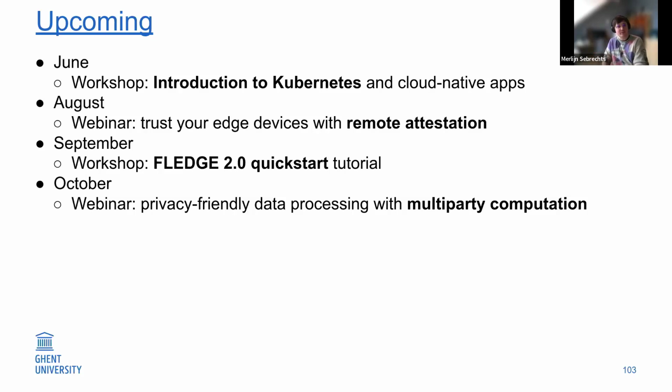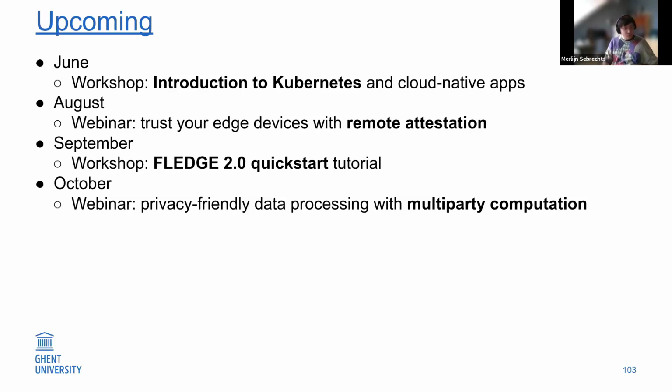Then in September, we will have a new workshop on Fletch. Fletch is an optimized Kubernetes orchestrator for edge computing, which uses about 10% of the total resources that a regular Kubernetes distribution uses.